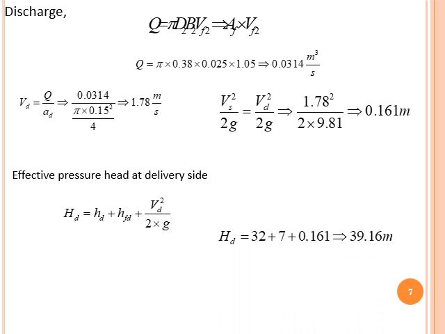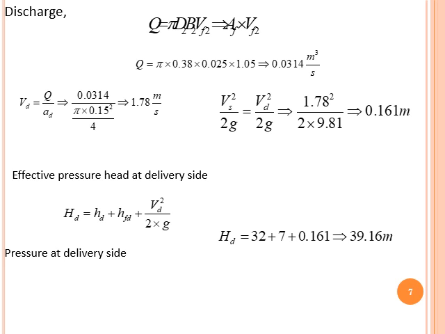Substituting the values, the delivery head is 32 meter, head loss due to friction in the delivery pipe is 7 meter, and the velocity head at the delivery pipe is 0.161. Hence the effective pressure head at the delivery side is 39.16 meter.